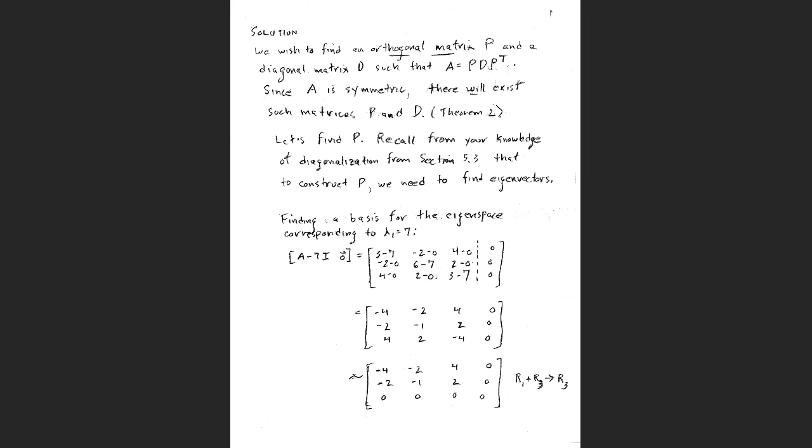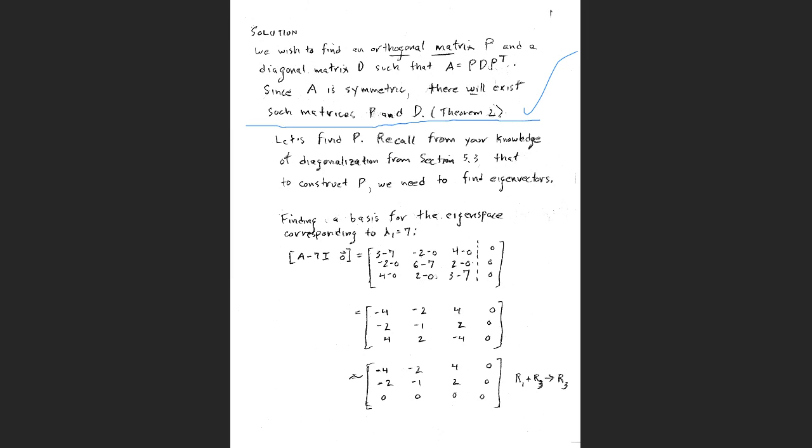Just to summarize here, we want to find an orthogonal matrix P and a diagonal matrix D such that A equals P times D times P transpose.